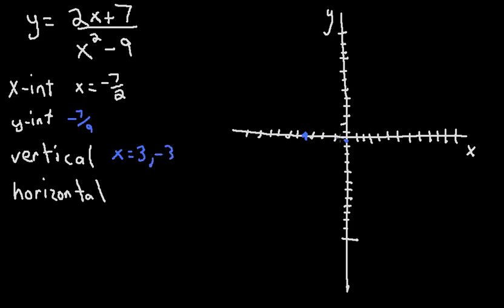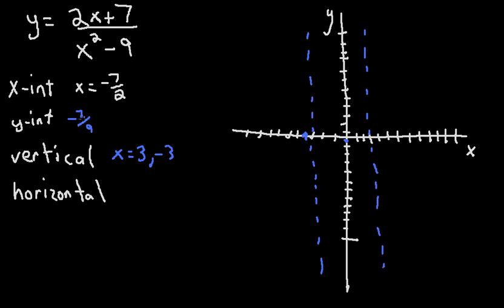So I go to 3 and negative 3 and put a dotted line. That's simply a place that this graph will get closer to as it moves away from the origin. It'll get closer and closer to this line, but will never touch. So we have some different things going on with this particular function. That's why I grabbed this function, because I like the way it looks.